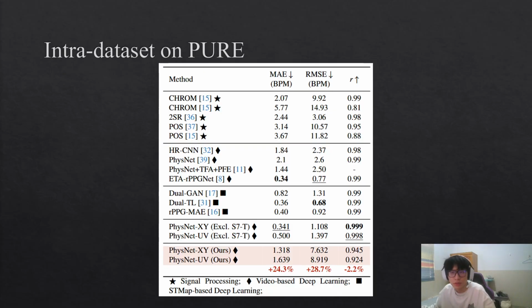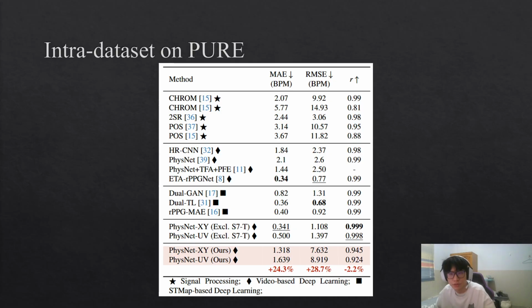Table 1 presents the comparative results of different rPPG estimation methods tested on the PURE dataset. The methods are categorized into three groups: signal processing methods, video-based deep learning methods, and estimate-based deep learning methods.